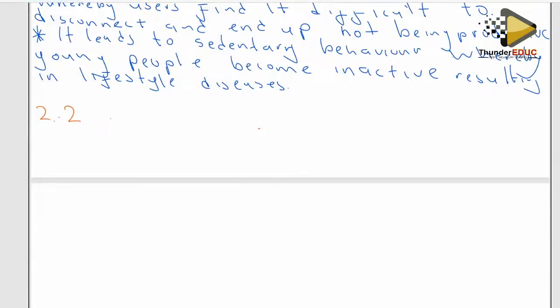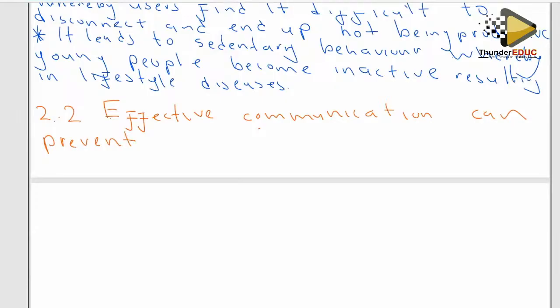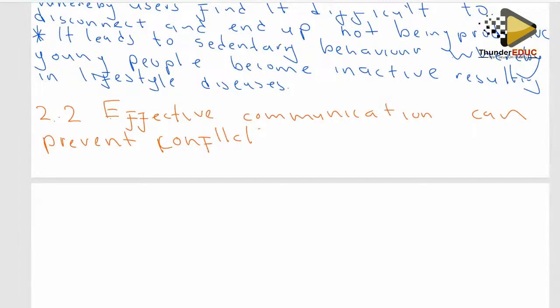Okay, when it comes to 2.2, we start by saying effective communication. When people communicate effectively, effective communication can prevent conflicts and misunderstandings.